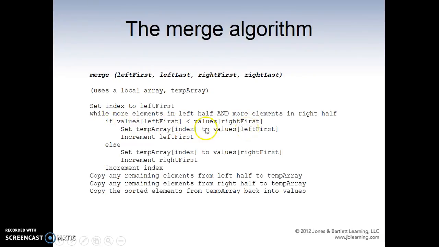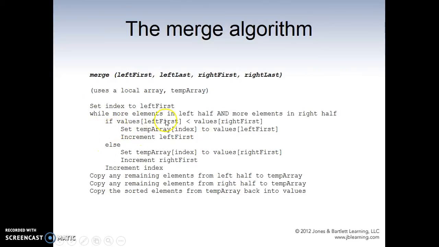If less than, set the temp array, which is the final array, to the value of the left first, and then we increment left first. Else, set the temp array index to the value of the right first, and then increment the right first. And then we increment the index of the temp array. We just keep doing that.